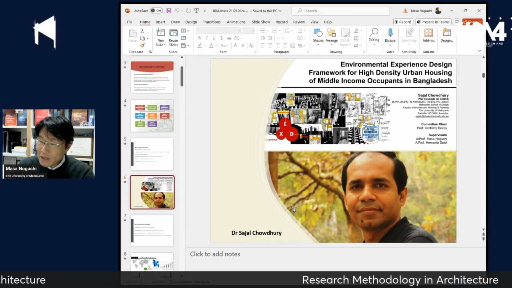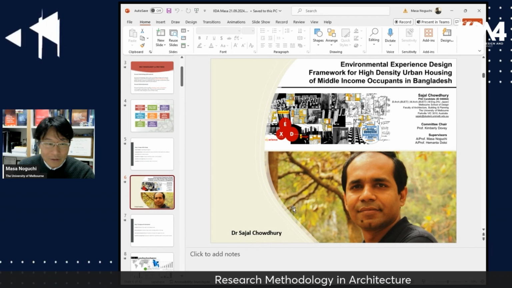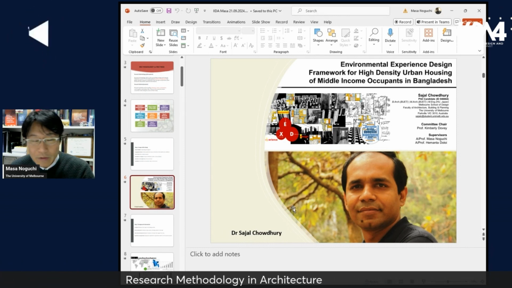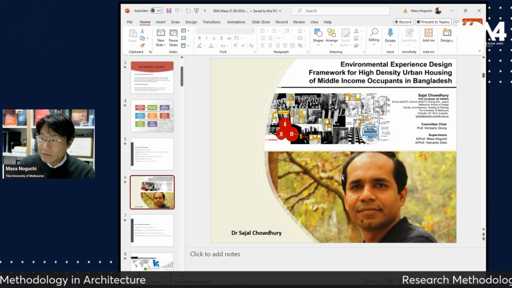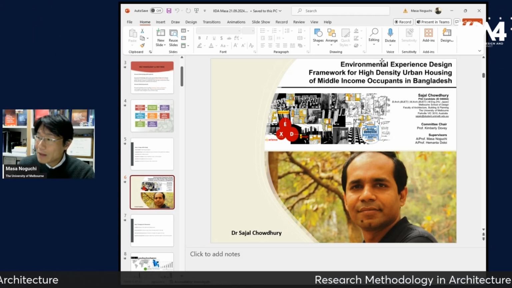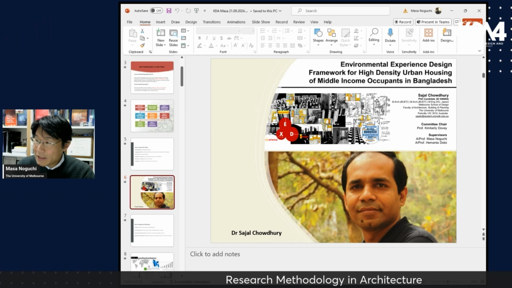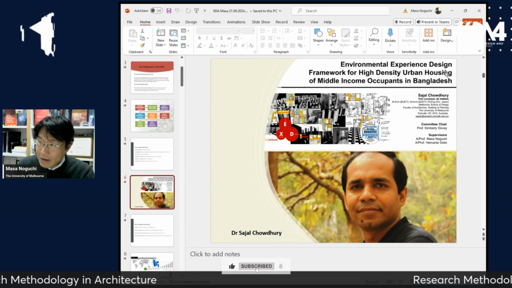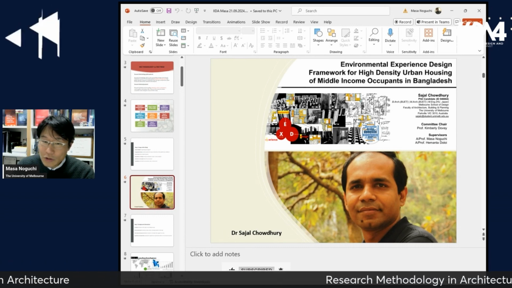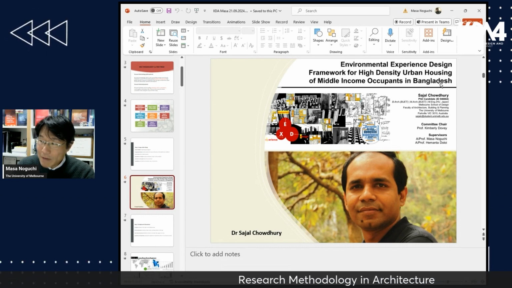When he arrived at the University of Melbourne, talking with me for the first time, we started with the scope of the study. He mentioned he's interested in residential architecture, and he wanted to study people in Bangladesh.